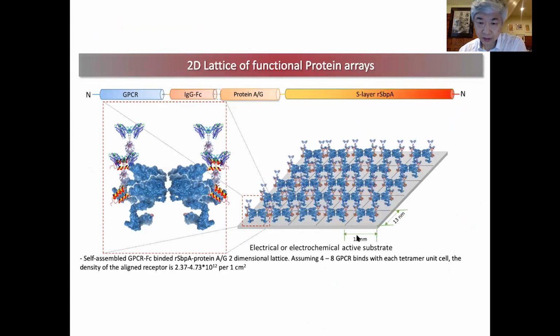As Professor Uwe Sleytr has shown, after you make this protein soluble, it can also be useful for designing new sensing devices. This sensor has very high density per square centimeter, and it will be useful to detect numerous diseases or environmental hazards, air pollution, water pollution, and so on.